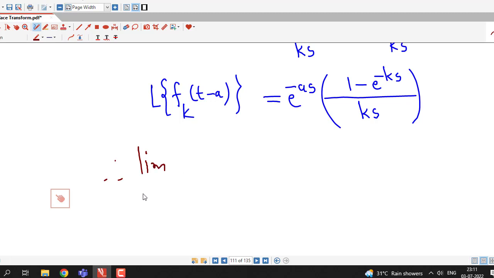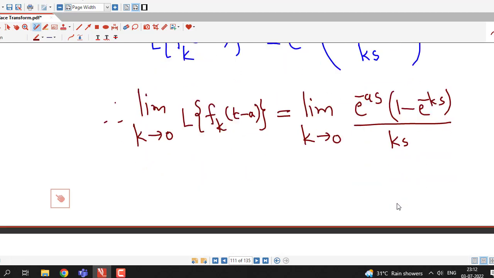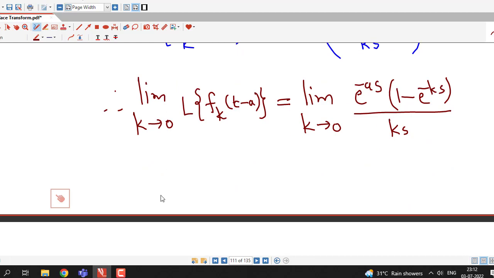Now the Dirac delta function is the limit of this function as k tending to 0. So we apply the limit as k tending to 0 on both sides. The limit of the Laplace transform of f k of t minus a equals the limit as k tending to 0 of e raised to minus as, 1 minus e raised to minus ks, divided by k into s. So I have to decide what this limit is.